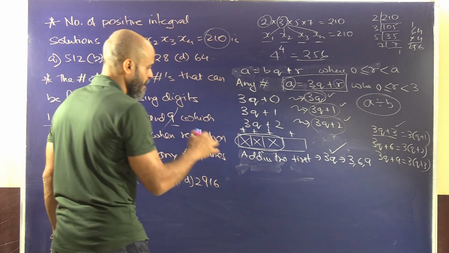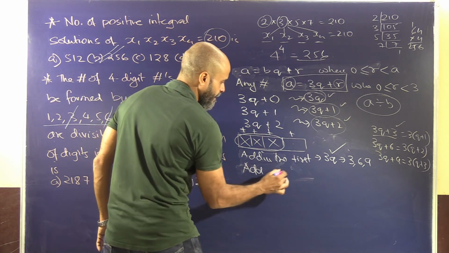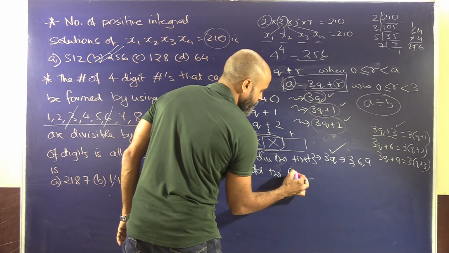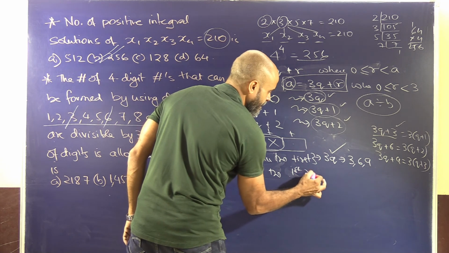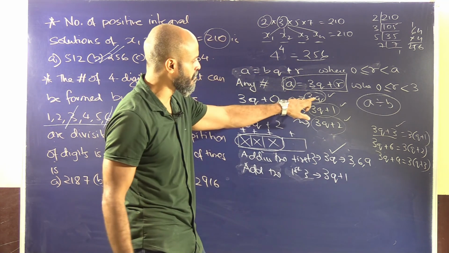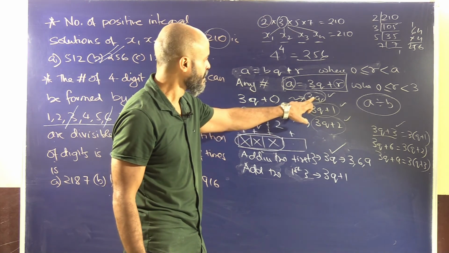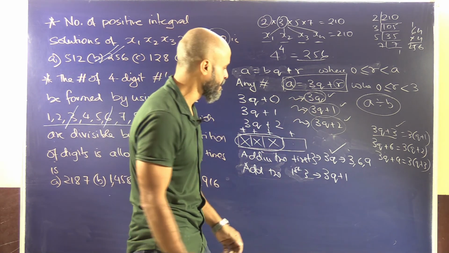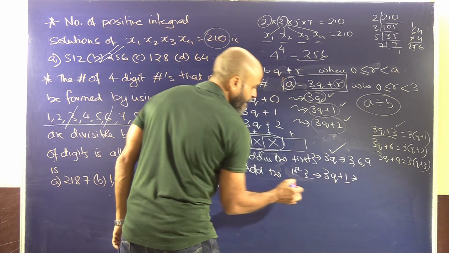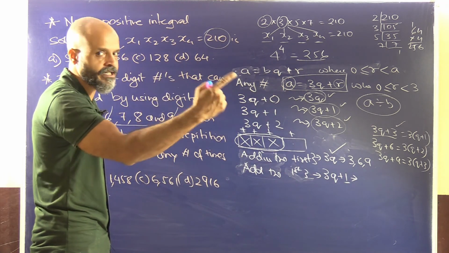Okay, now let's say adding the first 3 gives us the sum as 3q plus 1, because all numbers can be expressed in 3 formats. So we have already selected the first format. Now let's say we get 3q plus 1, so we have to make this 1 as 3 or 6 or 9.